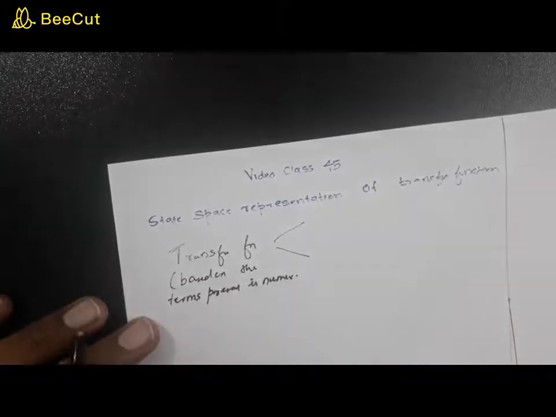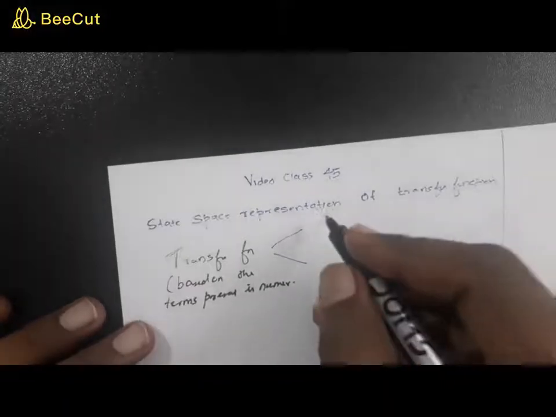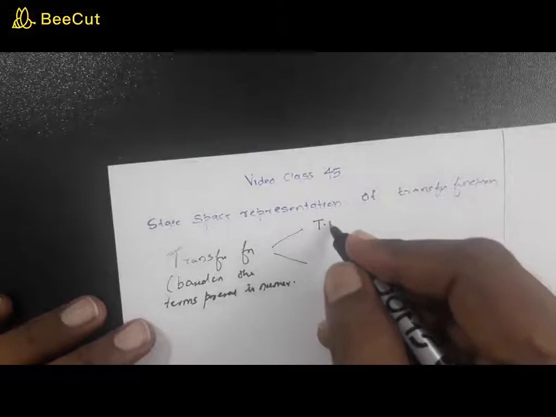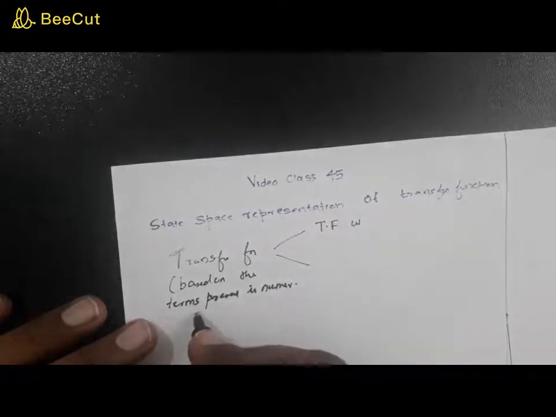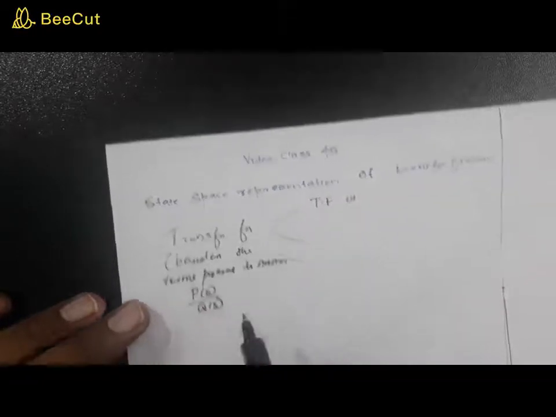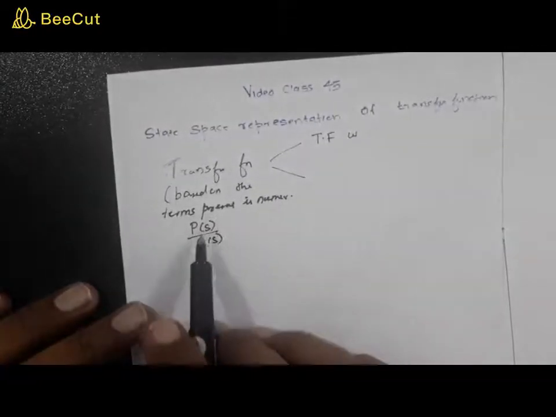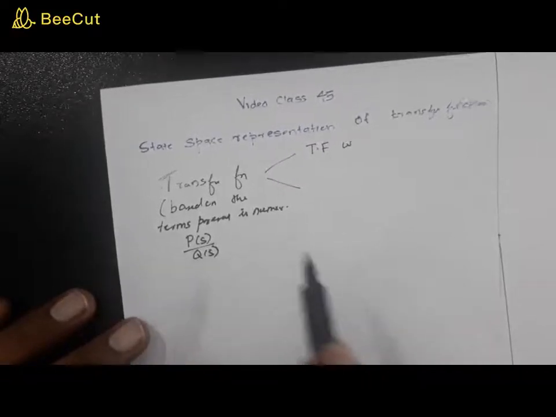You know that the transfer function is of the form p of s over q of s, where p of s is the numerator polynomial and q of s is the denominator polynomial.